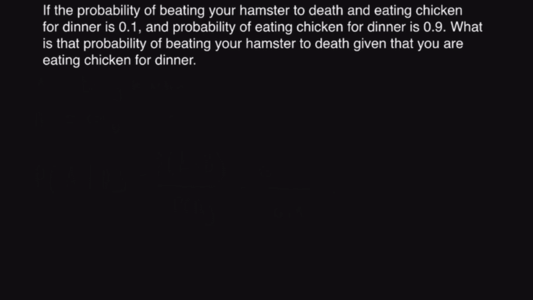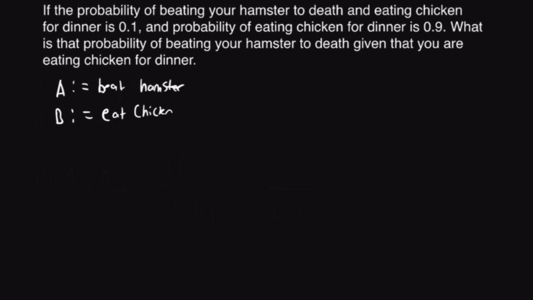So let's begin. So like I said, let's begin with denoting the events. So let A denote the event that you beat your hamster to death, and let B denote the event that you eat chicken for dinner.